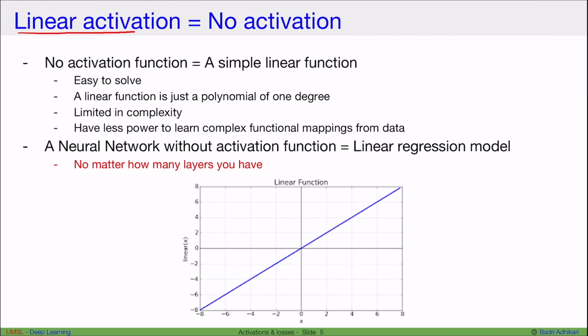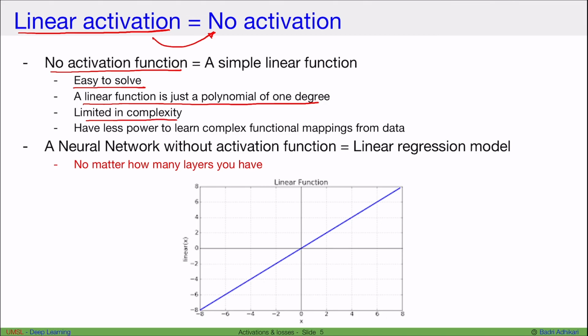The linear activation effectively means no activation at all, because it does not transform the data non-linearly in any way. This is very easy for your optimizer to solve, and a linear function is just a polynomial of degree 1. Because it's just a polynomial of degree 1, it is limited in complexity to capture deeper patterns in input data.